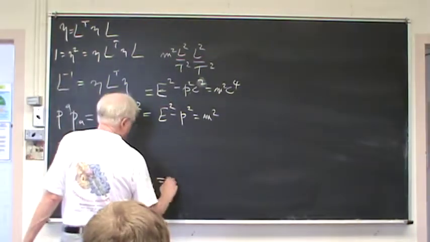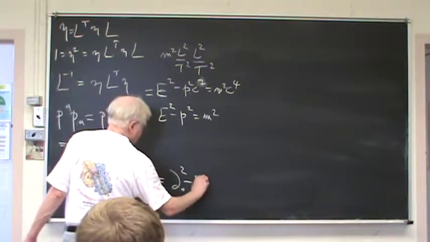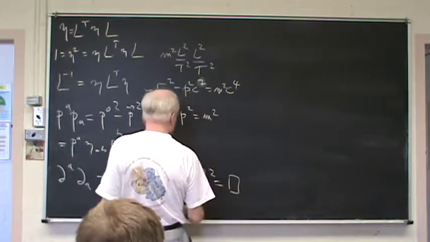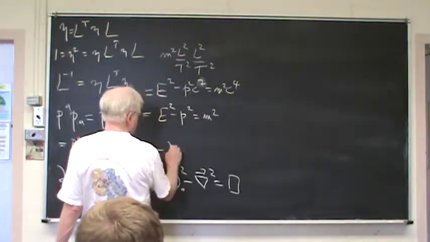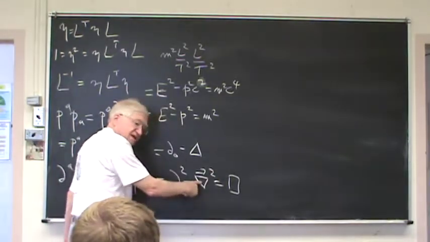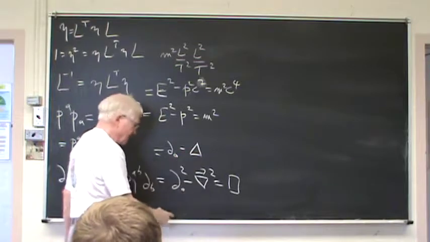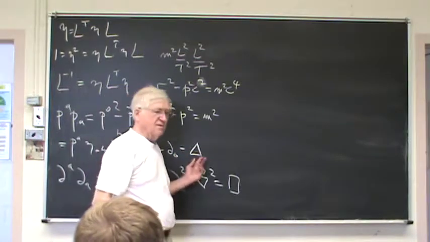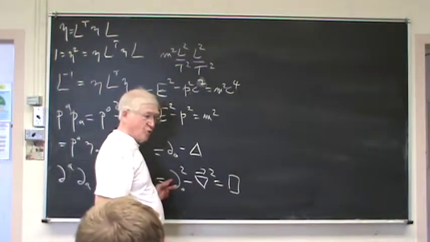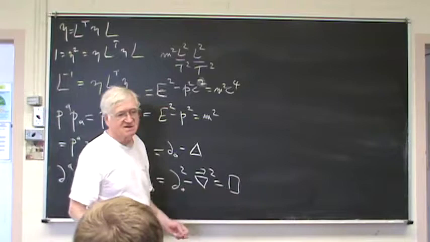But whatever it is, it's d0 squared minus grad squared. We often call this box, because this is sometimes written as, in other words, this thing is called the D'Alembertian, and it's also often written as triangle. And so people doing particle physics, having derivatives in 4 dimensions, go from triangle to box.